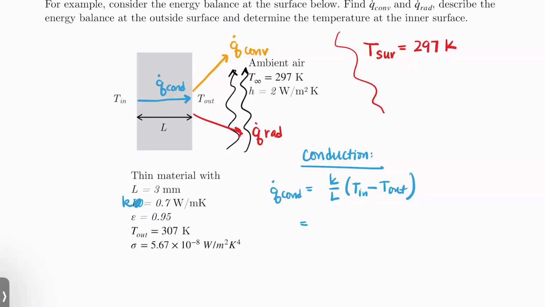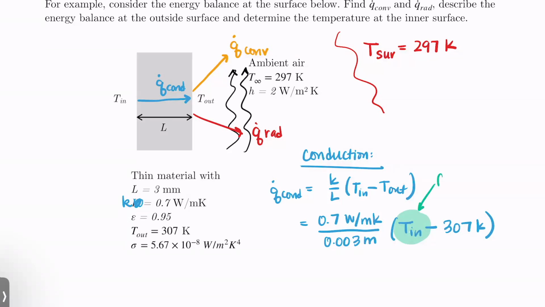We are given k already, so this is 0.7 watts per meter Kelvin divided by L, which is 0.003 meters, times, we want to find T in, so I'm going to leave it there, minus T out, which is 307 Kelvin. We want to find this, so it stays as a variable for now.